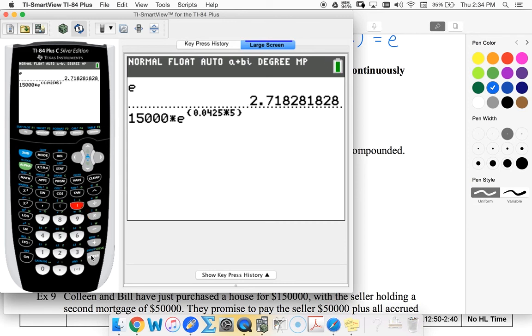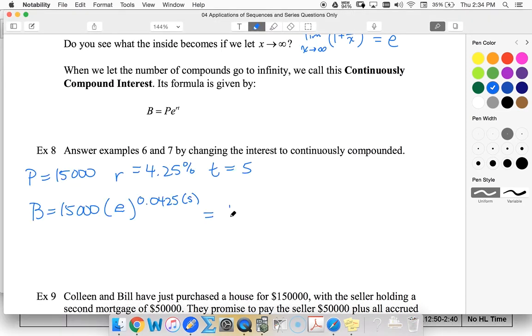And we get our value ends up being just over $18,000. We have $18,550, $551. So I'll leave you to redo example 7, and you can look at the notes to see when it's completed.